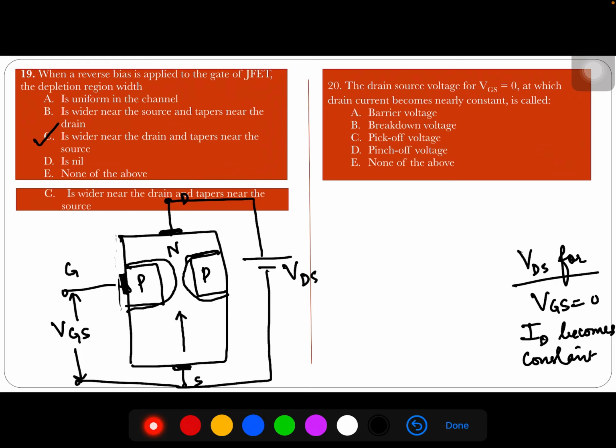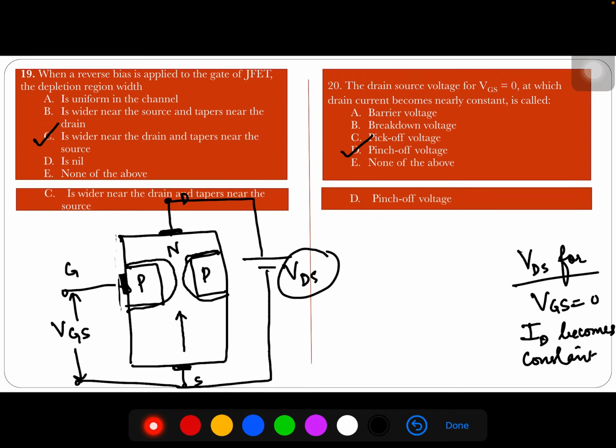In the pinch-off case, both the depletion layers start touching each other, but actually they do not touch, because when you keep on increasing VDS, a point will come where the depletion layers almost touch. At that point, the current becomes constant. It does not become zero. The value at which the current becomes zero is called cutoff, as the name itself implies. But the place where the current becomes constant, that particular voltage is the pinch-off voltage. So the correct option is D.